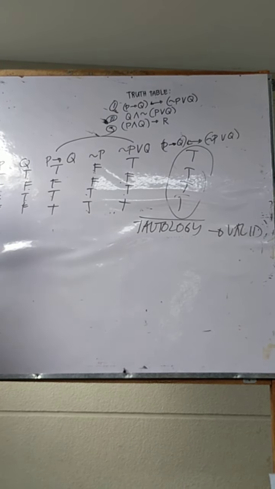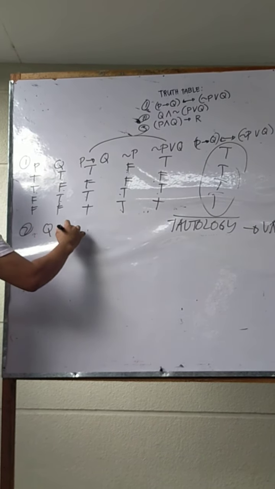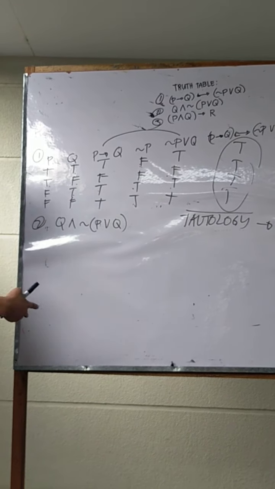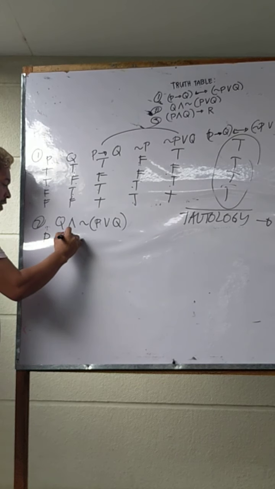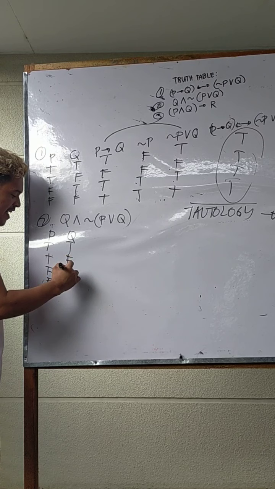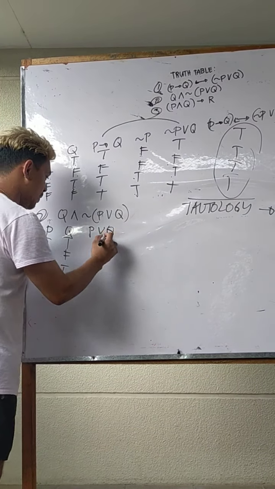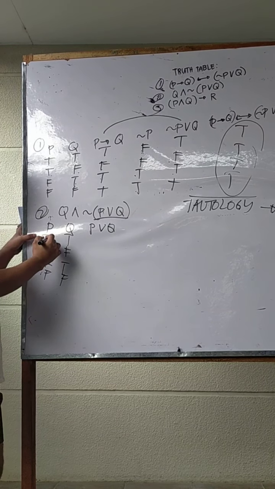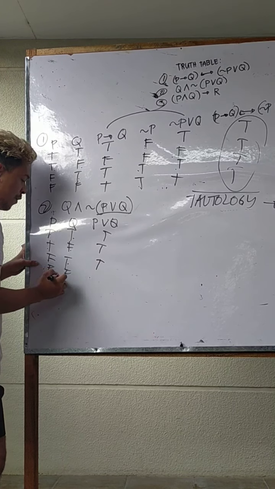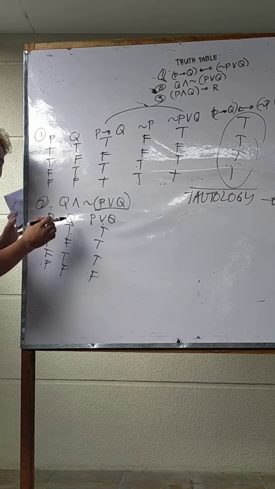Our second example will be Q and not P or Q. We have here two variables, P and Q, therefore we have true, true, false, false, and true, false, true, false. We have P or Q: true, true, true, false. If at least one is true, or is true.